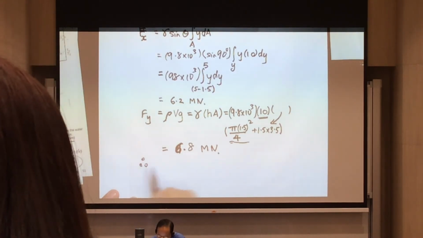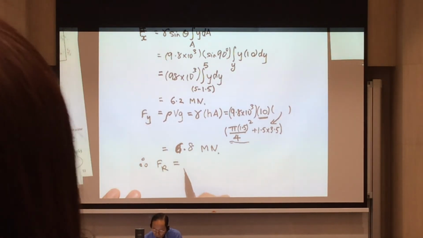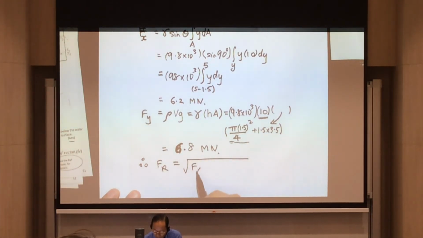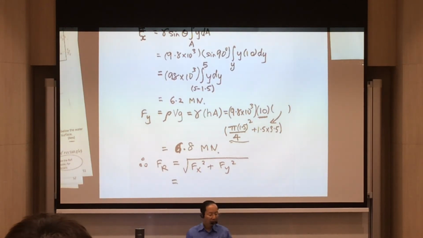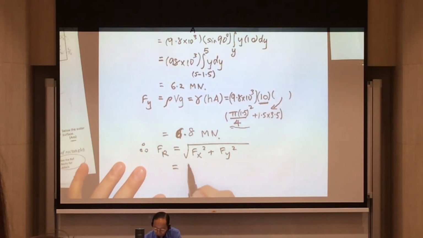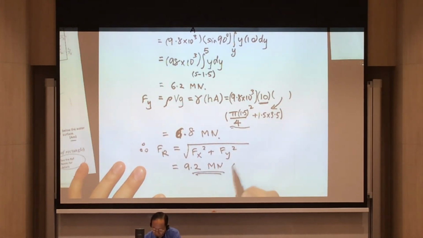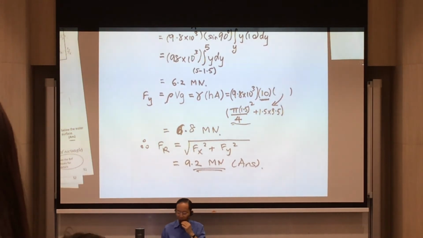Fr is equal to the square root of Fx squared plus Fy squared. I'm sure you know this, Pythagoras theorem, for determining the resultant given the x component and the y component. If you do that, you get 9.2 meganewton. That is your answer for the resultant force Fr.